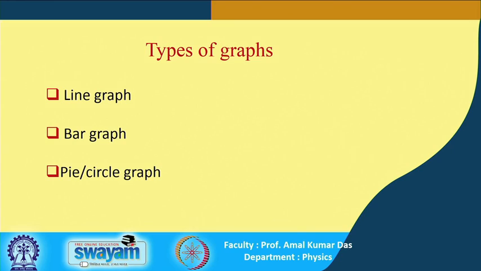So, what are the types of graph? When you plot a graph, we should know which type of graph we are plotting. Basically there are three types of graph.